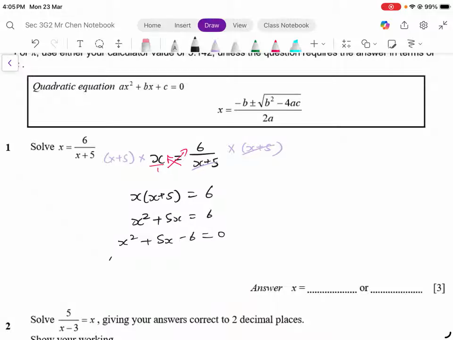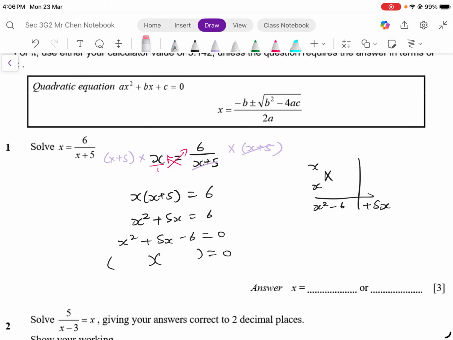Alright, so from here, you can use your calculator method, or this one is quite simple. x squared minus 6 plus 5x, so it's x, you get minus 2 minus 3. Oh wait, sorry, you need a plus, right?